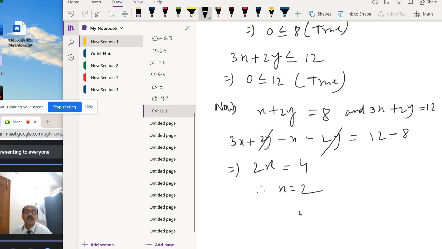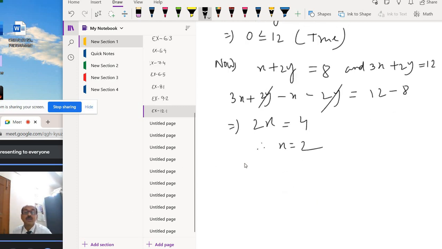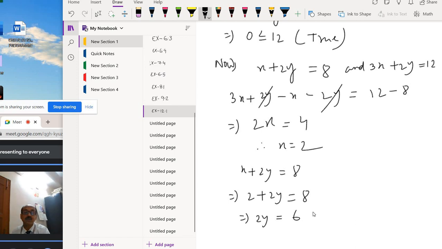And in x plus 2y equals 8, x equals 2, so 2 plus 2y equals 8. Then 2y equals 8 minus 2, 6. So y equals 3.